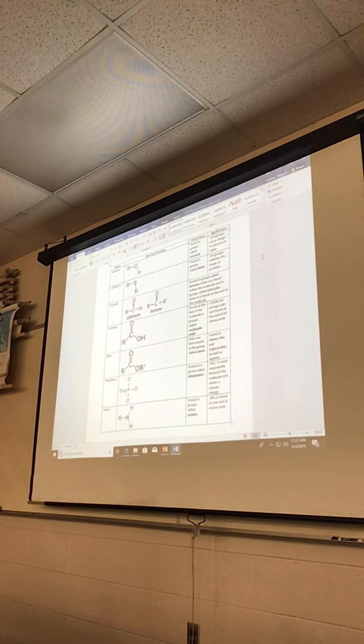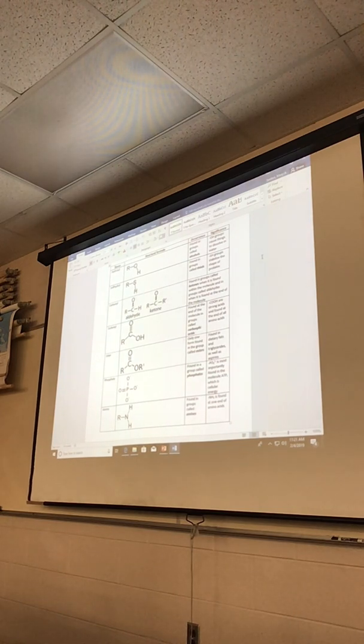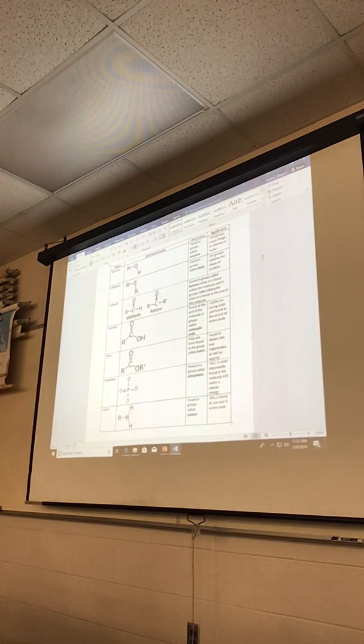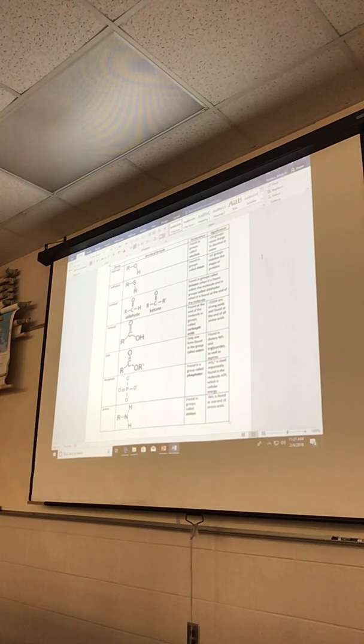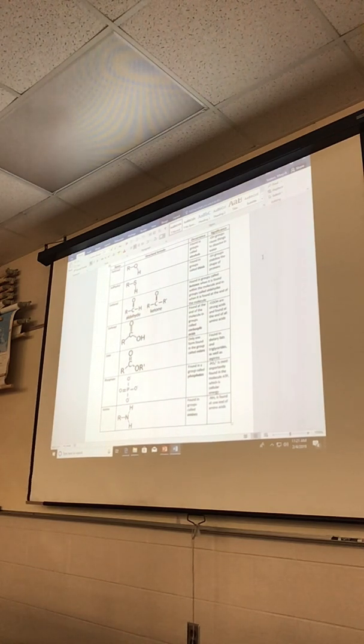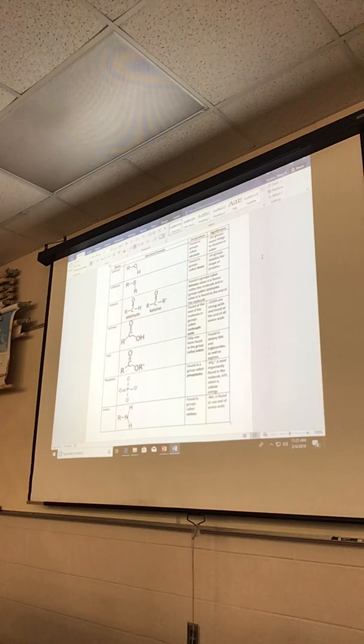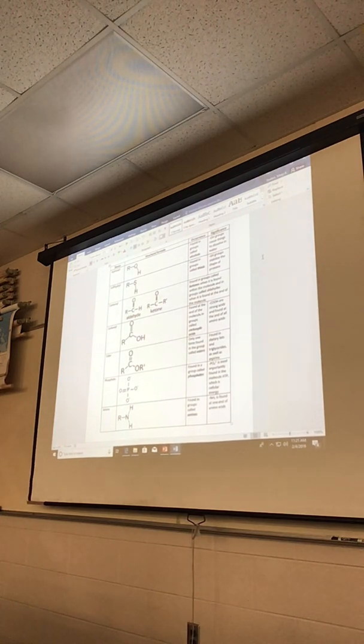Which one has a double bond O? Those are the hard ones, exactly.